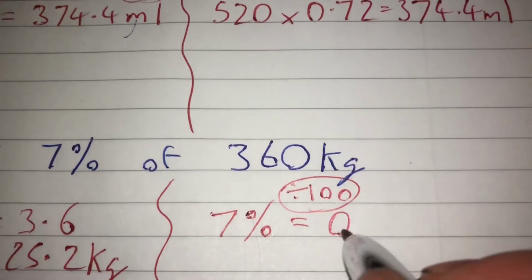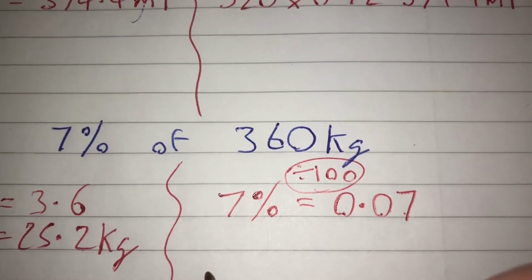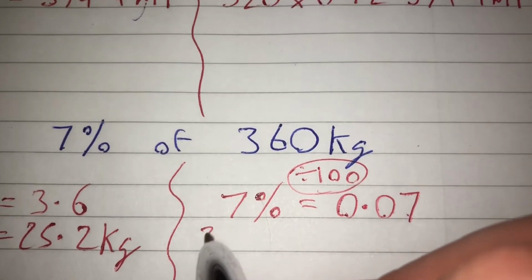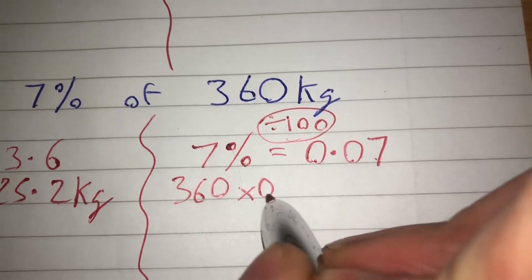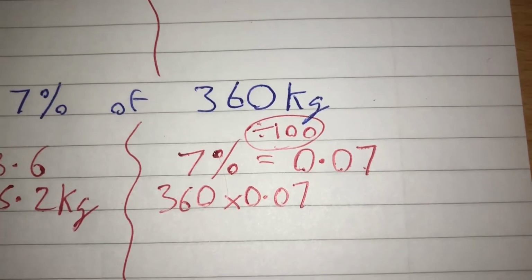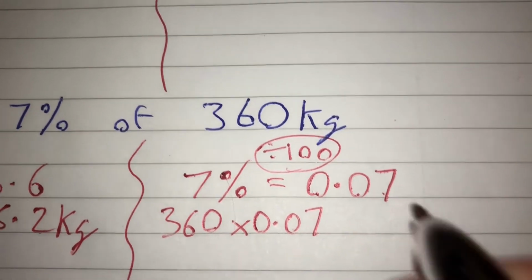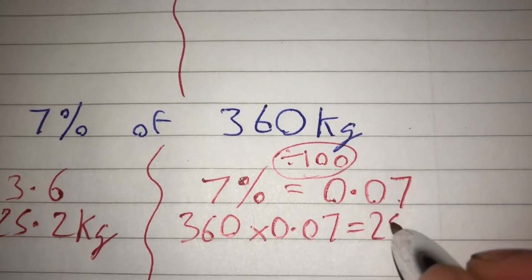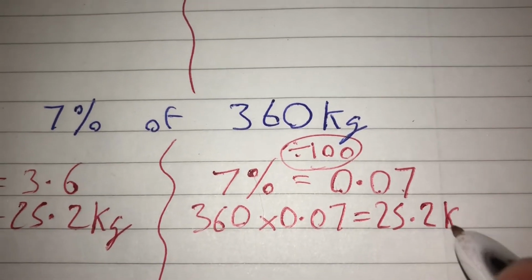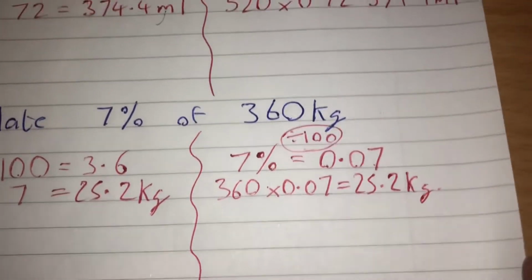Okay, so 7% is 0.07. Once we know that decimal multiplier, just take my original amount and multiply it by that decimal multiplier, and I should get the same amount, 360 by 0.07, and I get 25.2 again. There you go. Same thing on the calculator for both answers.